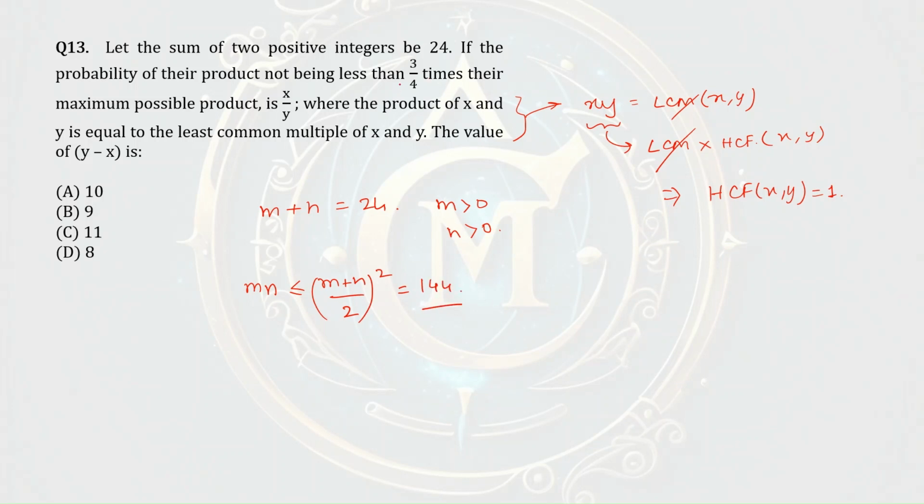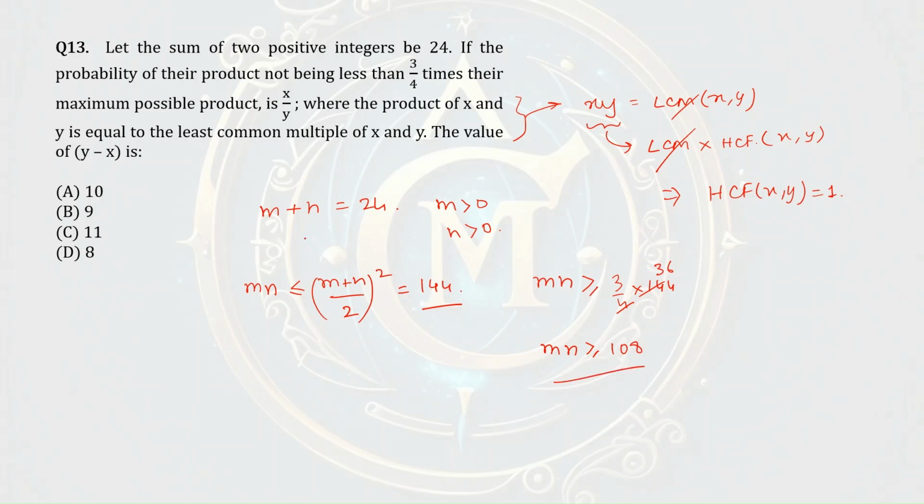So we need to put their product mn as greater than or equal to 3 by 4 times 144. That means mn should be greater than or equal to, this will be cancelled by a factor of 36, and then 108.